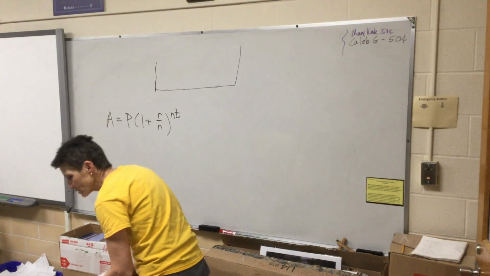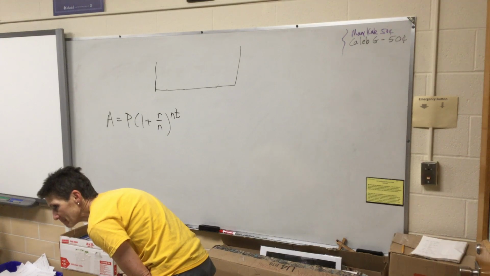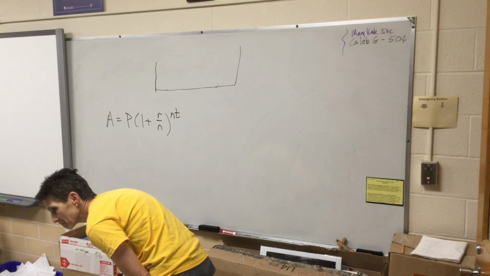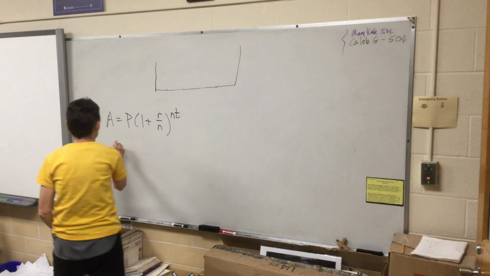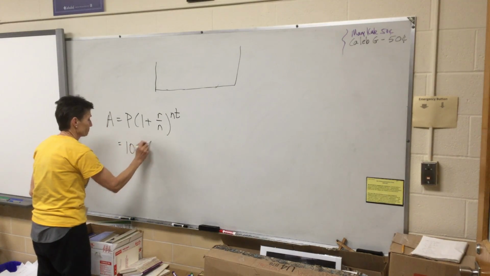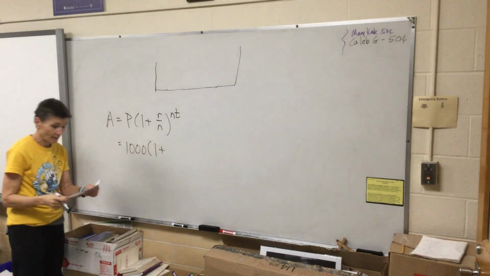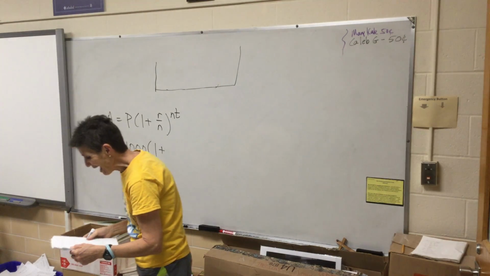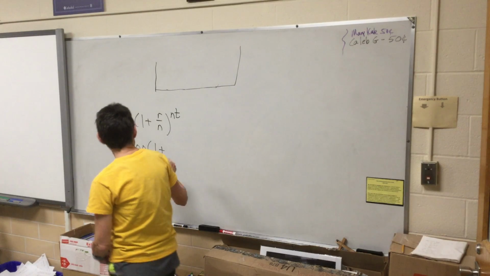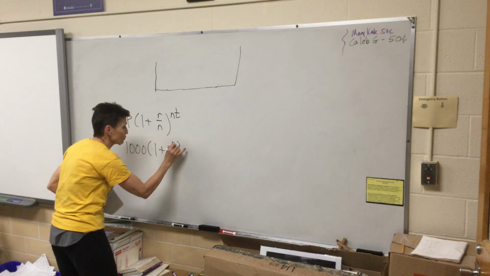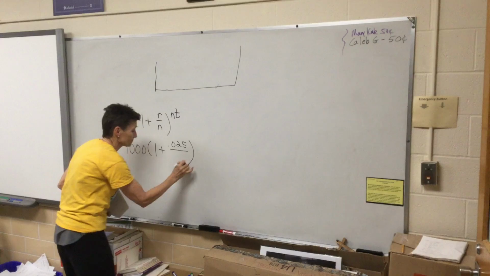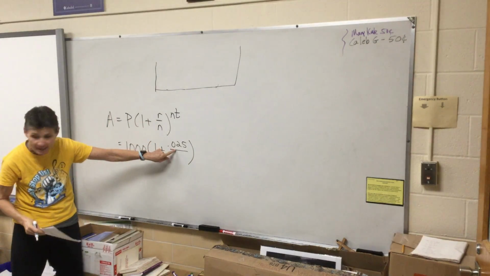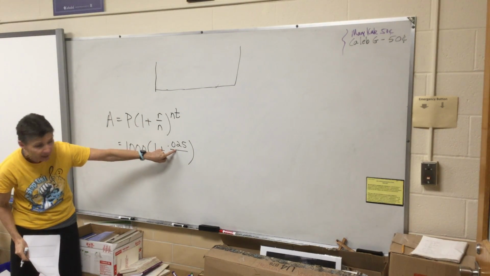And let's start plugging in numbers now. Where does the 1,000 go? With P. Yep. 2.5% interest will be 0.025. Everybody okay with that? 2.5%, 0.025.